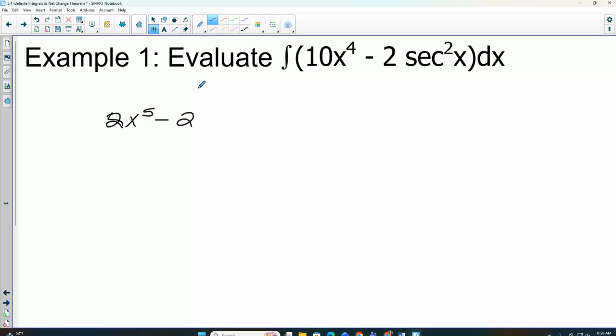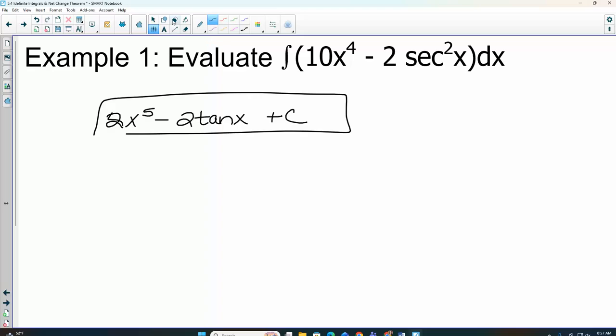What has a derivative of secant squared? And this is the point where last week we were plugging in numbers, but I didn't give you any numbers to plug in because there were no limits here, so we just put plus c. All right.